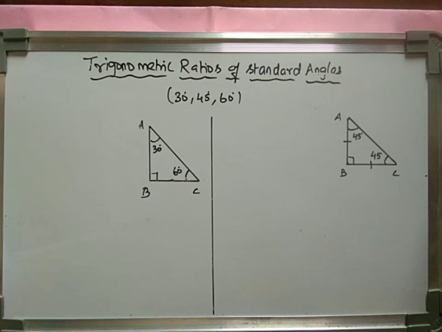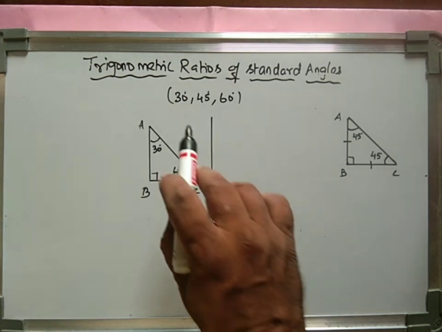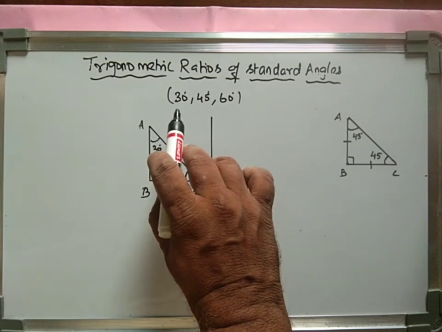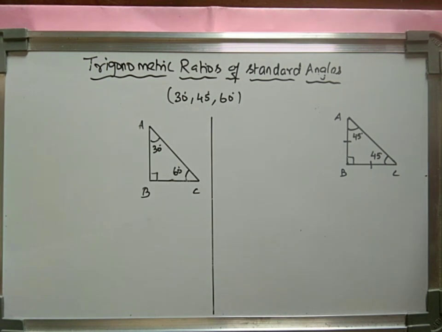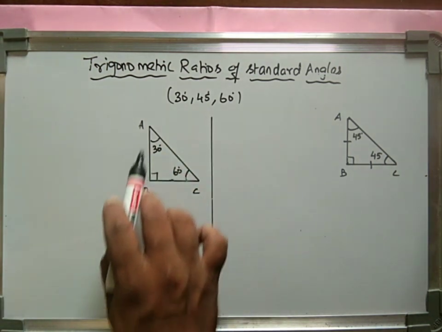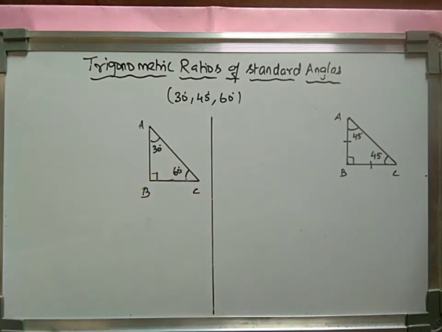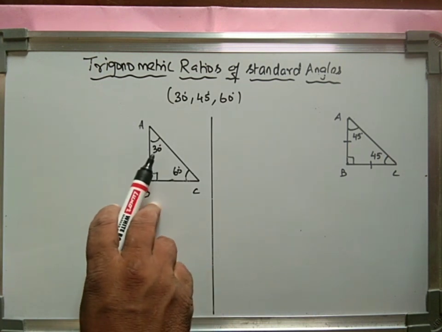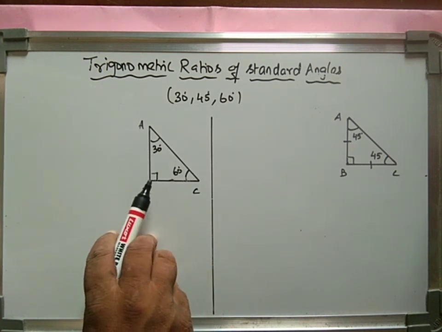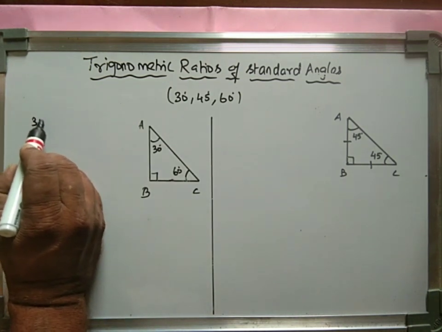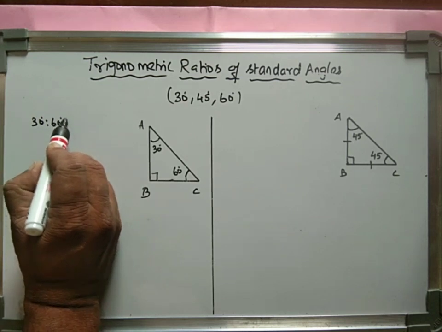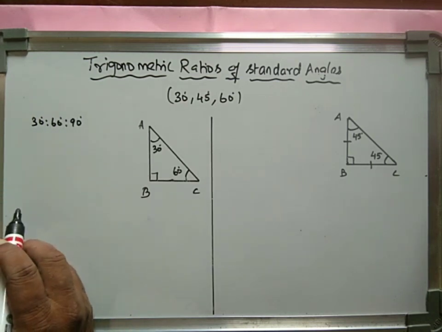Now we can have another method to find the values of trigonometric ratios for 30 degree, 45 degree and 60 degree. For 30 degree and 60 degree we take a right angle triangle ABC in which angle A is 30 degree, angle B is 90 degree and angle C is 60 degrees. Now we see the ratio of the angles. 30 degree is to 60 degree is to 90 degrees.